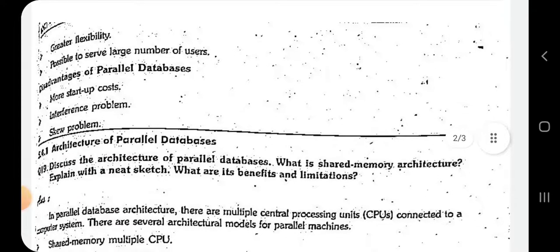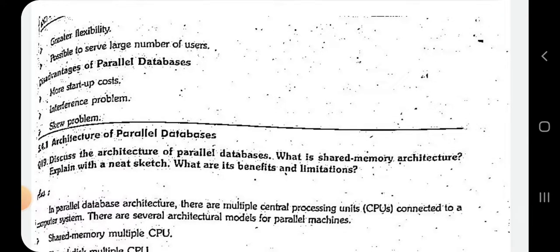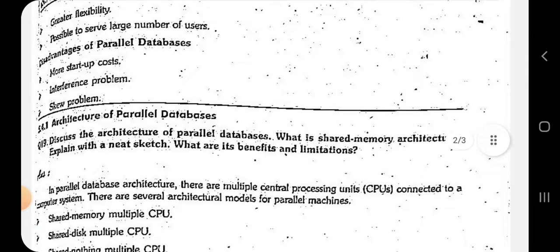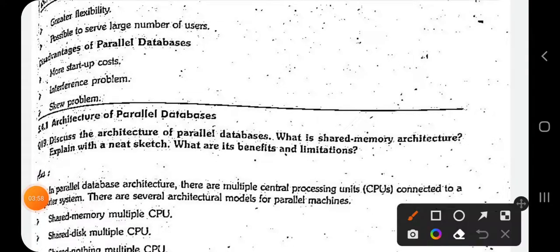More startup cost: as we have multiple CPUs, in order to maintain them we put so much cost into the CPUs. Then the interference problem: as the CPUs are connected through an interconnection, it should be made in such a manner that we do not get any problem within the database.